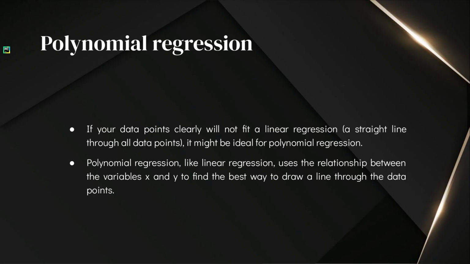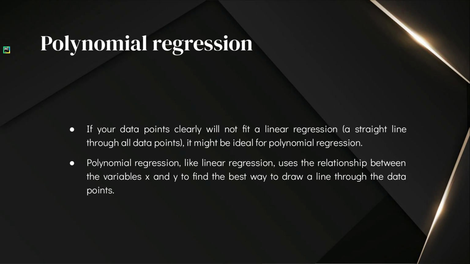So here we just saw how linear regression can only work if your points fit a straight line. But if your data points don't fit a straight line and instead they fit some other line, let's say a degree 2 or a degree 3, then you need polynomial regression.